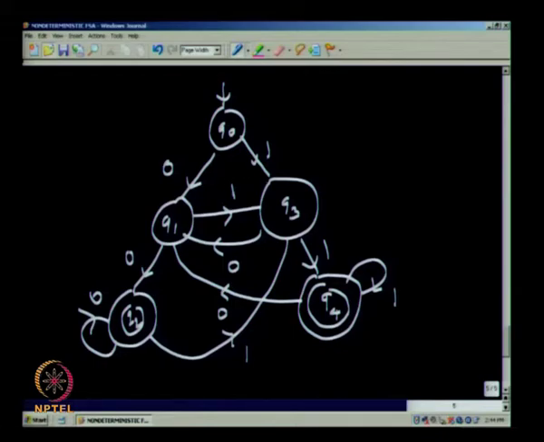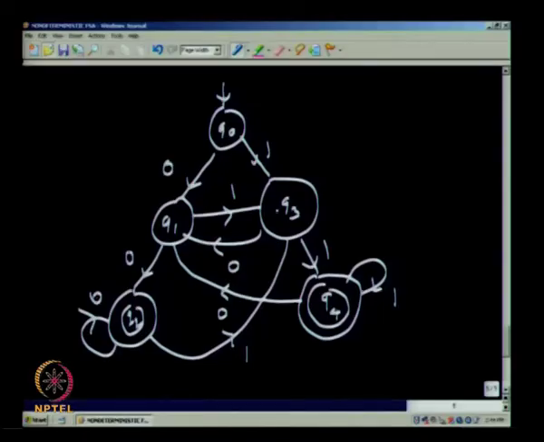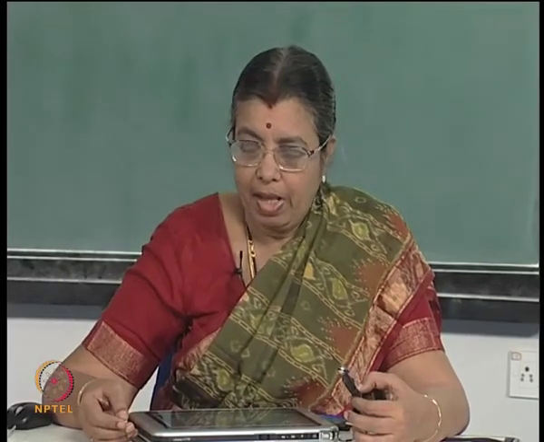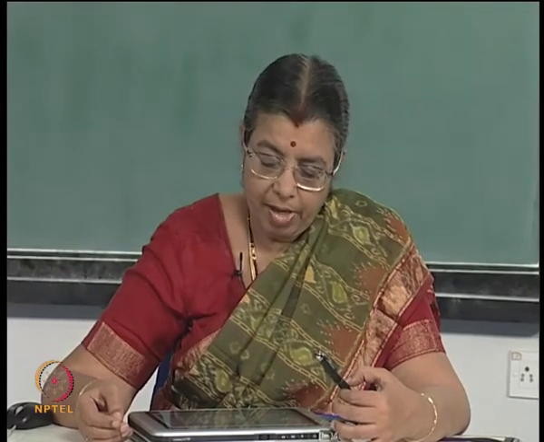Is this diagram deterministic or not? From Q0, there are 2 arcs leaving with label 0 and 1. From Q1, there are 2 arcs, one with label 0 and one with label 1. Similarly for Q3, and the other states. If in any state you get a symbol 0, the next state is uniquely determined. If you get a 1 also, the next state is uniquely determined. So, what can you say about this diagram? It is a deterministic FSA.